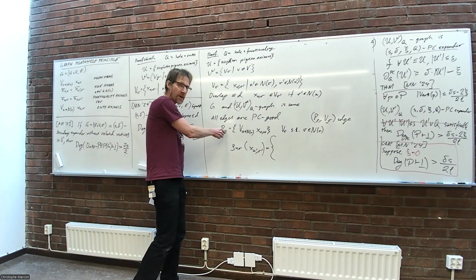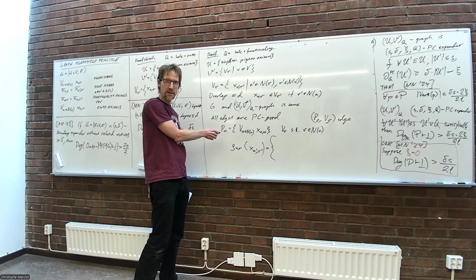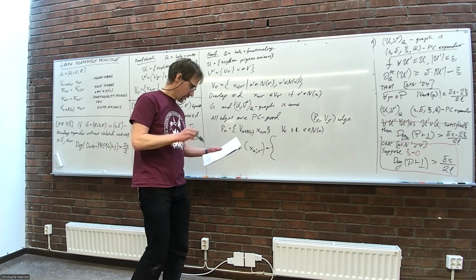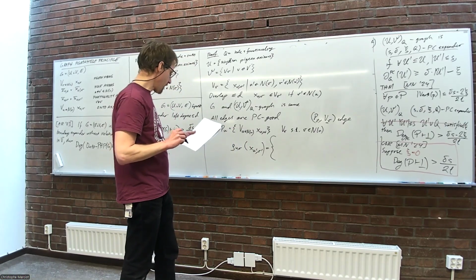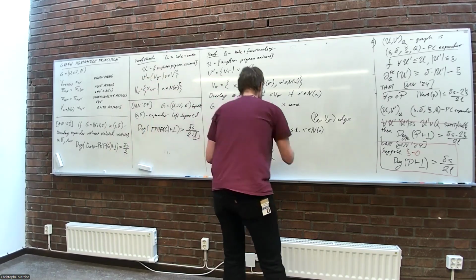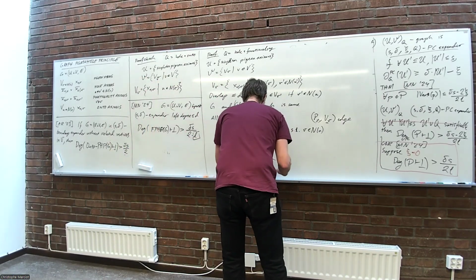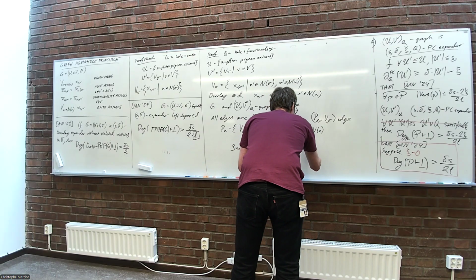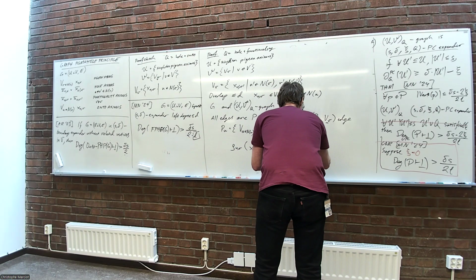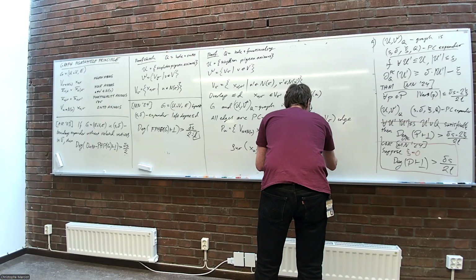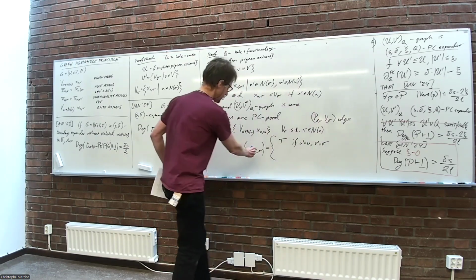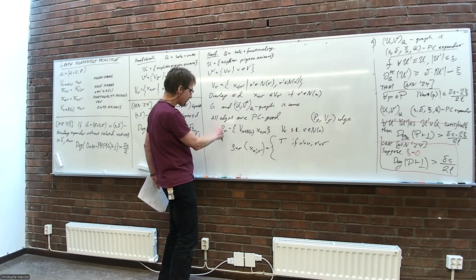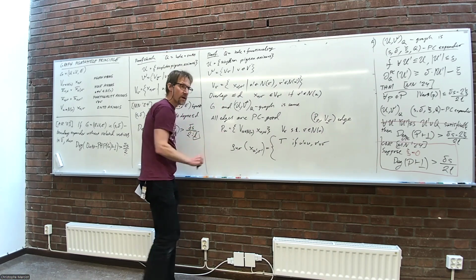Well, we have to make pigeon U happy. So I'm going to set this to true if U prime is equal to U and V prime is equal to V. Right? Then I'm definitely taking care of U.